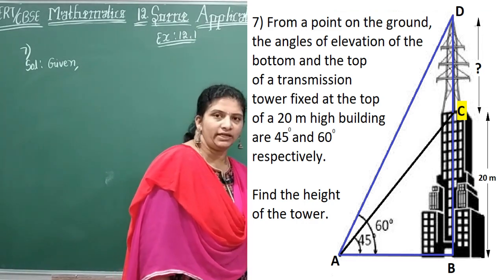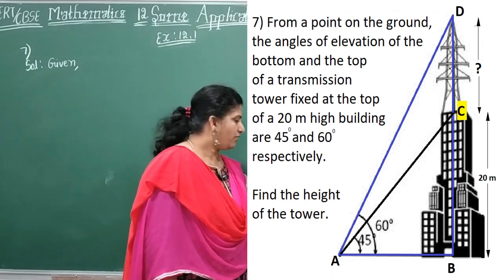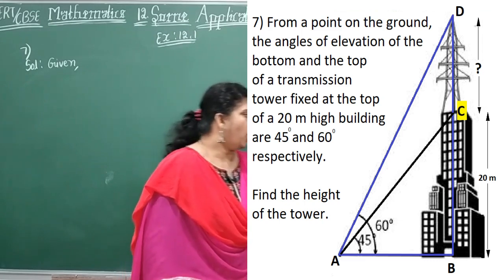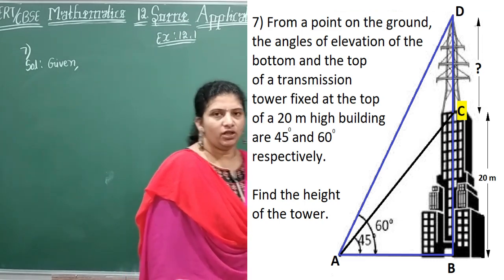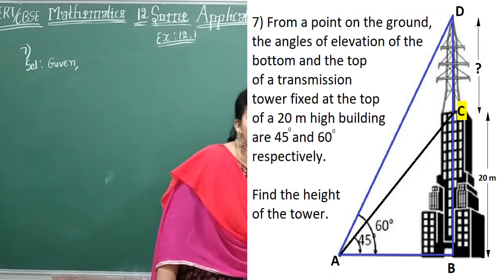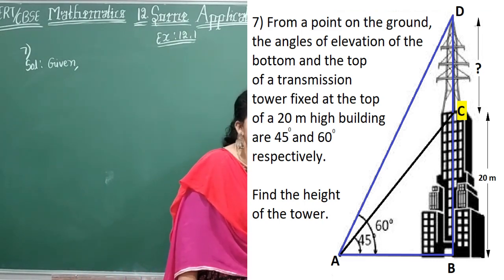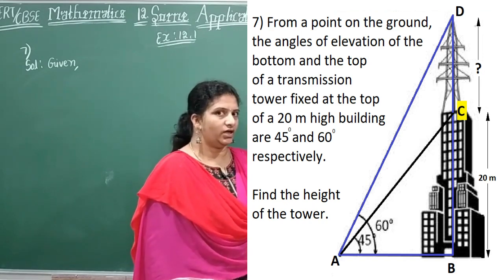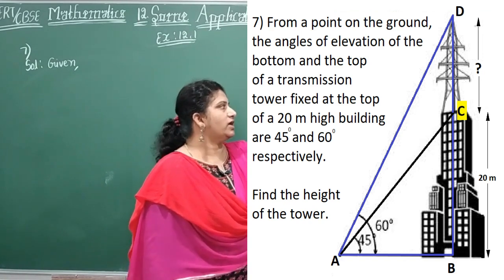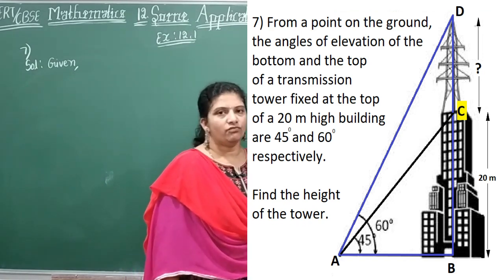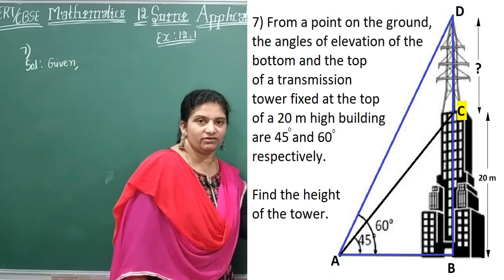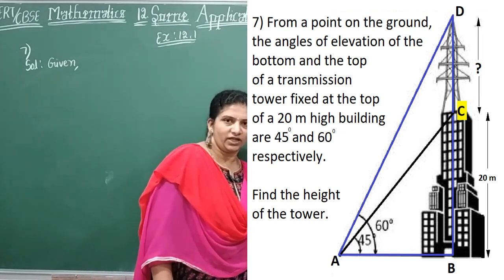So from a point A on the ground, from here the angle of elevation to the bottom and the top. Look here, what words you are getting here? Observe carefully. Bottom and top. First, which word you have heard here? Bottom, right? Bottom and the top. So here degrees also you have to take, 45 degree and 60 degree. So bottom of the transmission tower from A point is 45 degree.